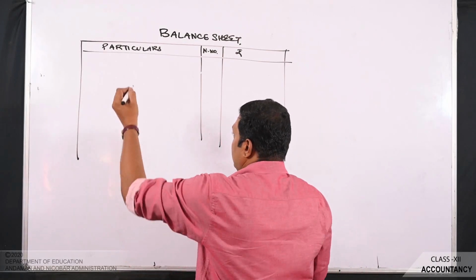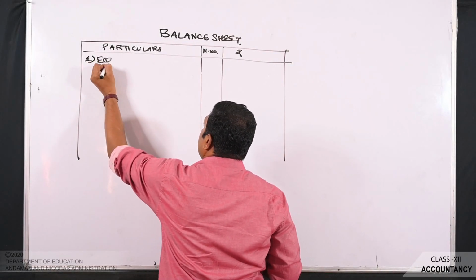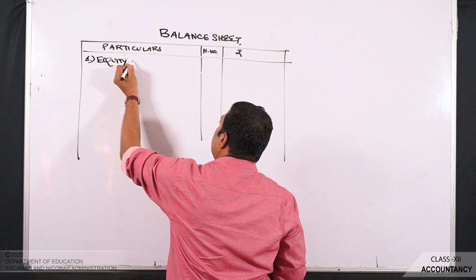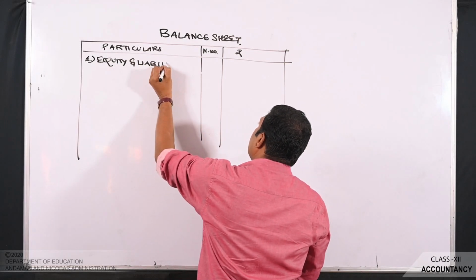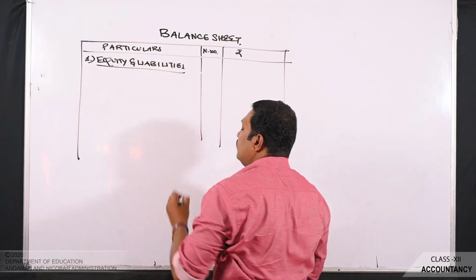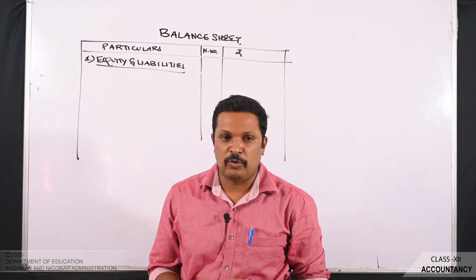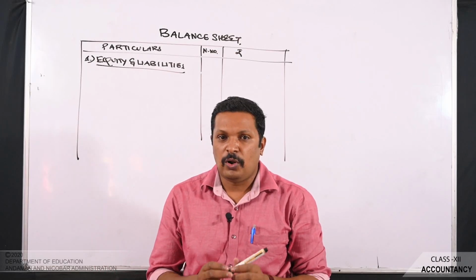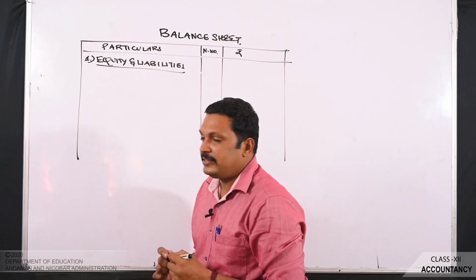So it starts with equity and liabilities. Here the shareholders' fund is not given, so no need to write all the shareholders' fund and the reserves and surplus. The items we just solved will be shown, that's enough.